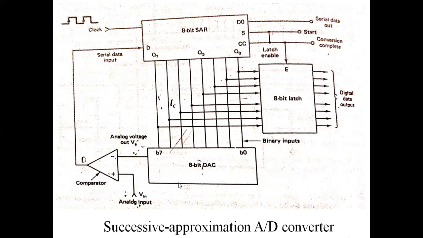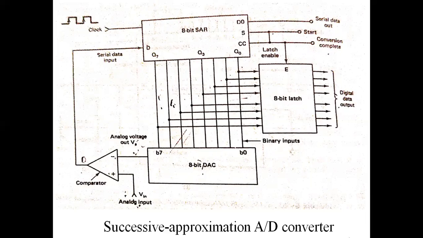The analog output VA of the D to A converter is then compared to the analog input signal Vin by the comparator. The output of the comparator is a serial data input to the SAR, that is, the successive approximation register.